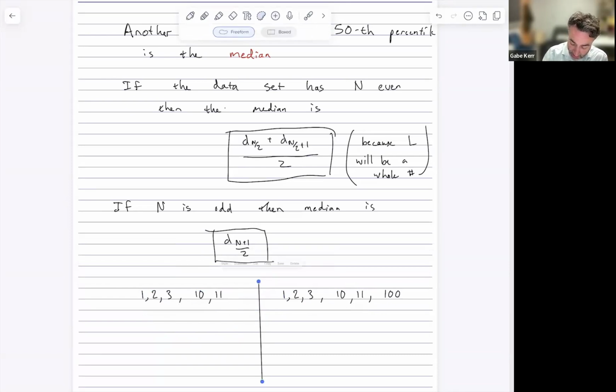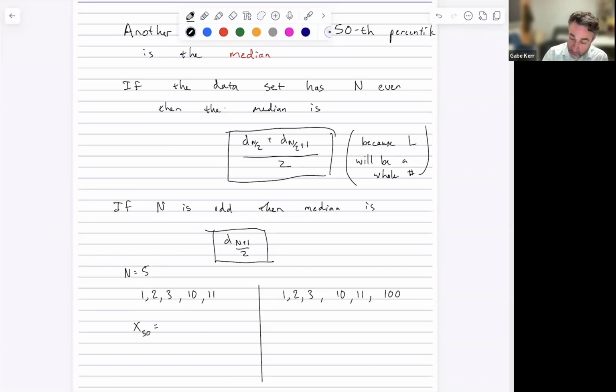So in the first case, we have 5 data points, right? 5 numbers, 1, 2, 3, 10, 11. So 5 is odd, so we are in the situation where n is odd. This is n equals 5. And so what is this median?